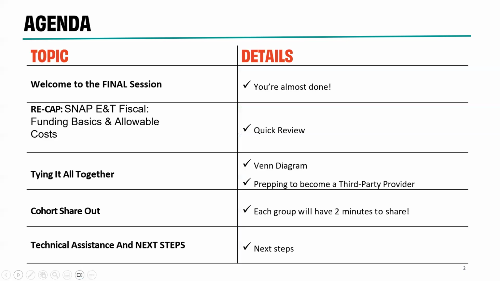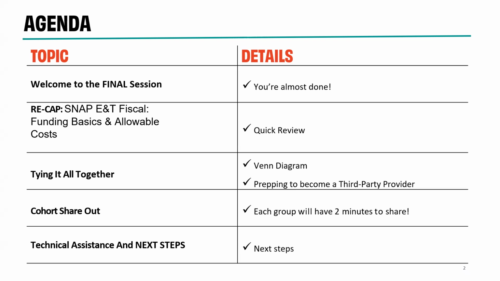All right, welcome everybody. Here's our agenda. Like Sam said, you are almost to the finish line. We'll do a quick review of what we presented in our last webinar focused on funding and budgeting and allowable costs. Then today's session, we're going to focus in on tying everything together.